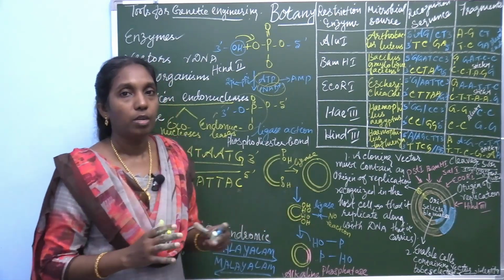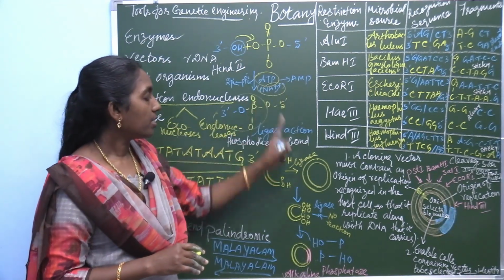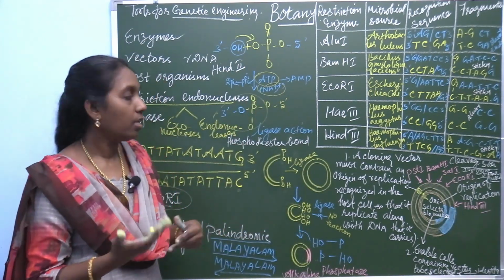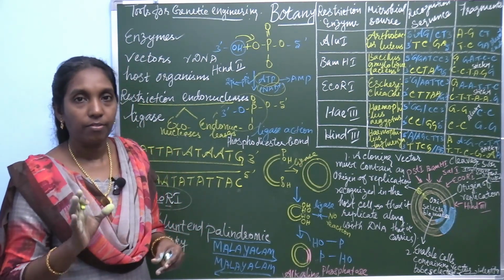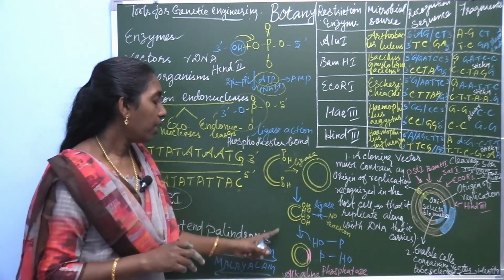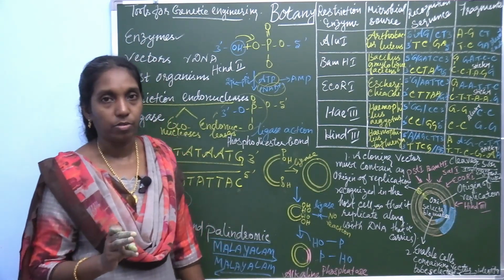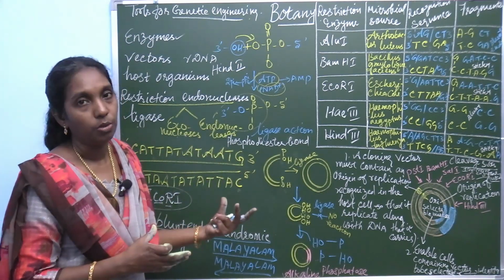Keep this point in your mind, ligase and alkaline phosphatase. Prepare restriction enzyme for a 5 mark question, ligase for a 2 mark question and alkaline phosphatase for a 3 mark question. So 3 enzymes are involved as a tool.